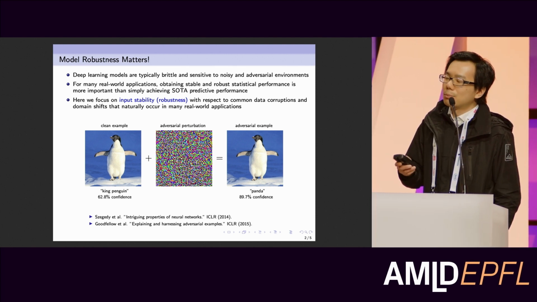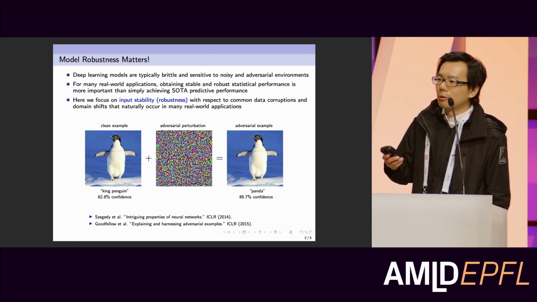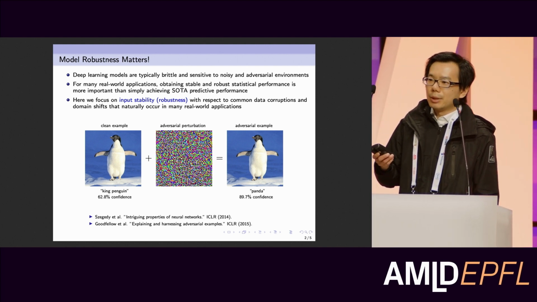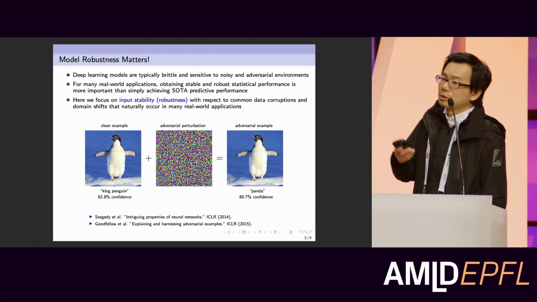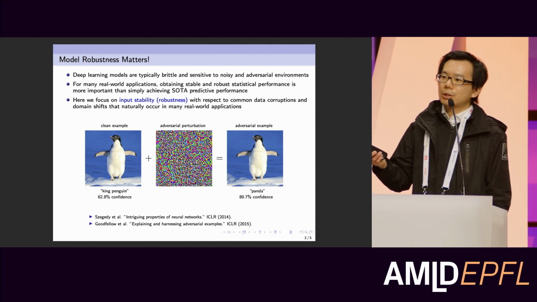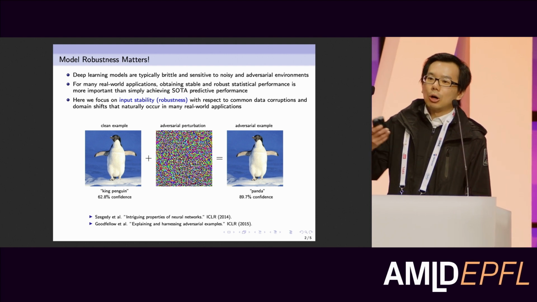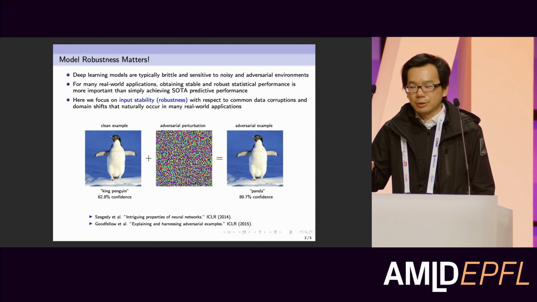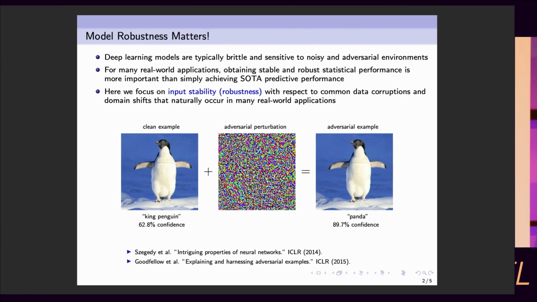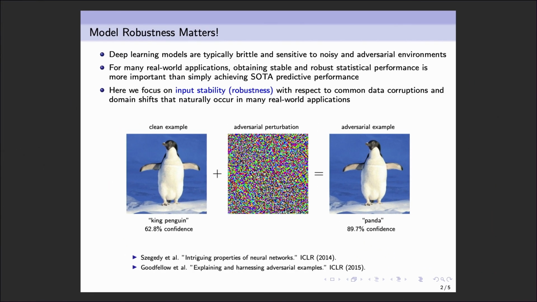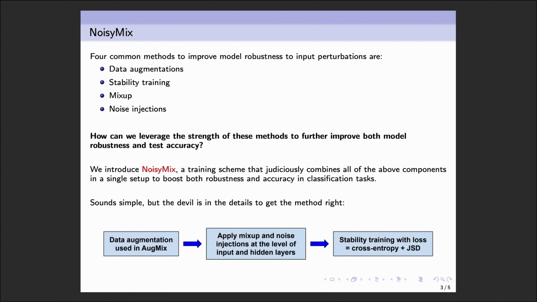But the problem is that models that do really well on adversarial perturbations do not necessarily do well when it comes to other types of perturbations, such as common corruptions, which are more common in science and engineering applications. These are the topics that we are going to focus on, and we are going to look at classification tasks. So we introduced a new method that we call NoisyMix.